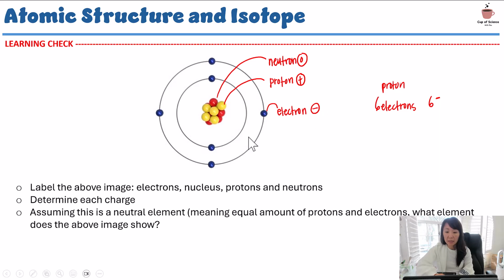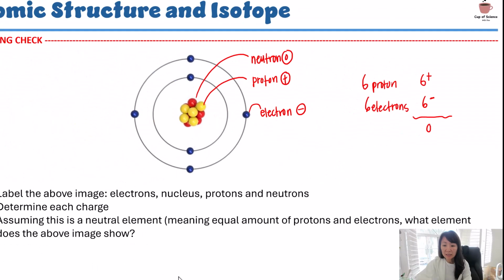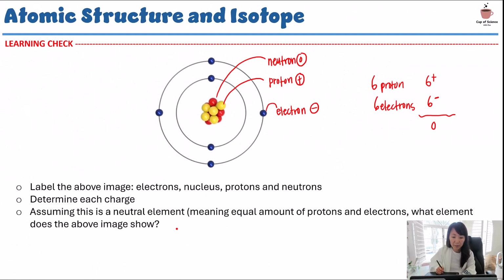This says that it is a neutral element, meaning that it has the same number of protons and electrons. So there are 6 protons, 6 positive, which makes this whole thing 0. Therefore, I need to look in the periodic table for 6 protons. If I see the number 6 right here, I see that it is carbon. So I'm going to go back and state that this is carbon.